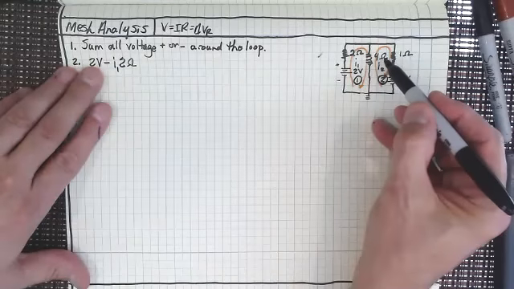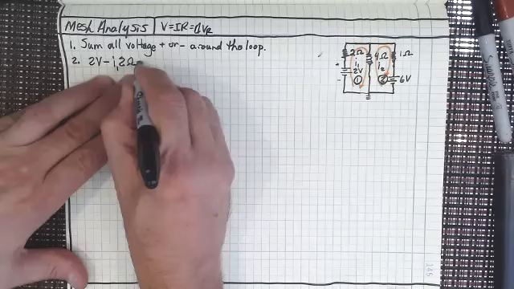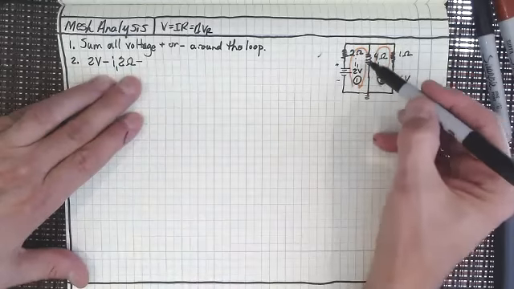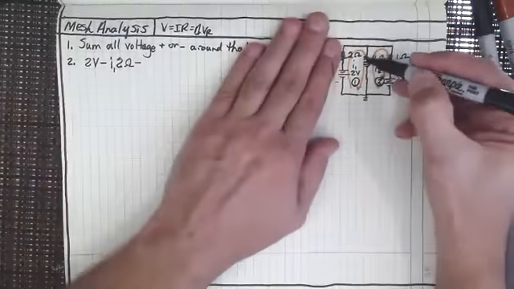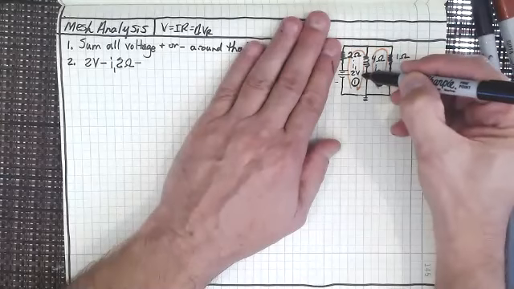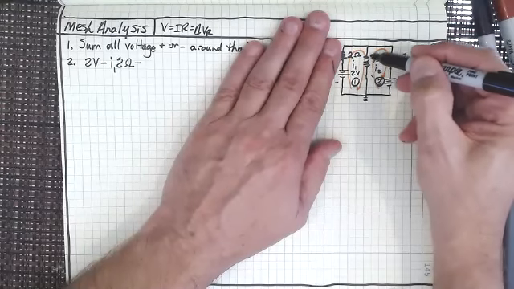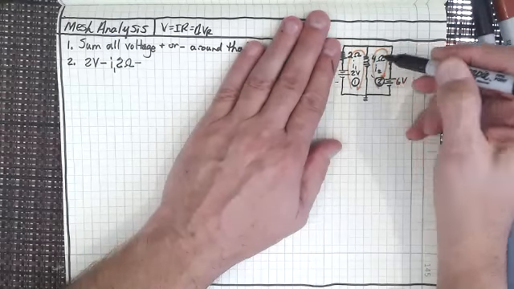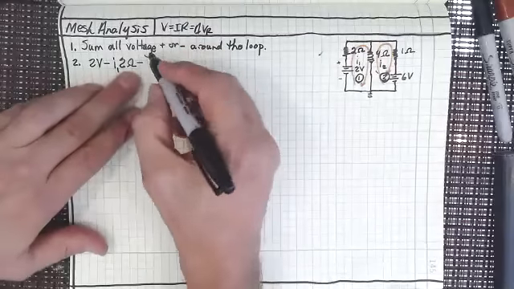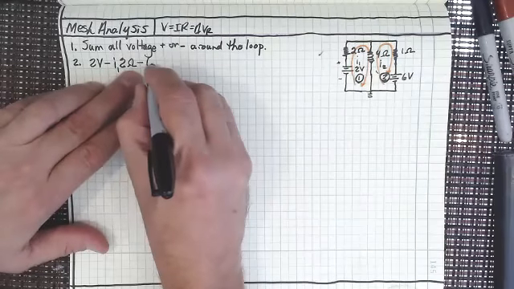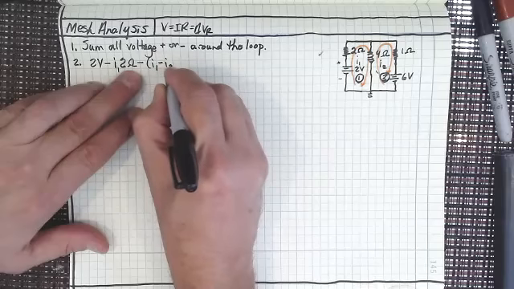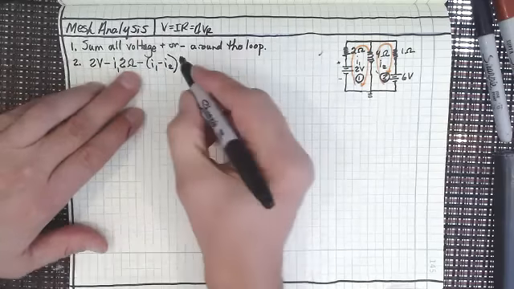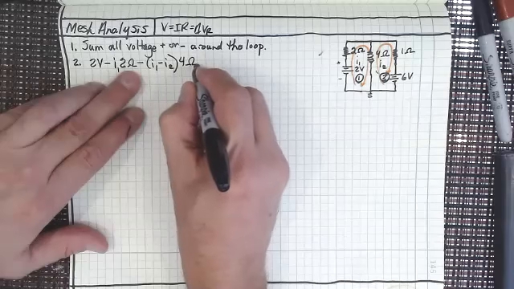And then let's go over to the 4 ohm now. Now minus, that's going to be a voltage drop across the 4 ohm, but there isn't just one current flowing through there, is there? No, there's one current that's flowing through that's I1, and there's another current flowing in the opposite direction called I2. So I now have minus (I1 minus I2) times 4 ohms.